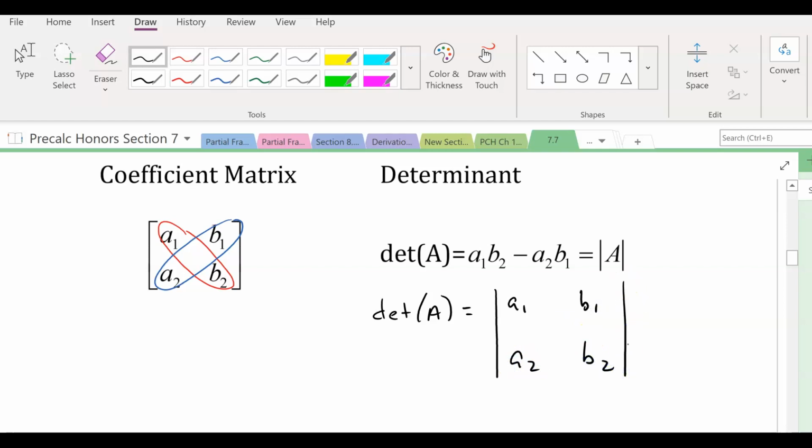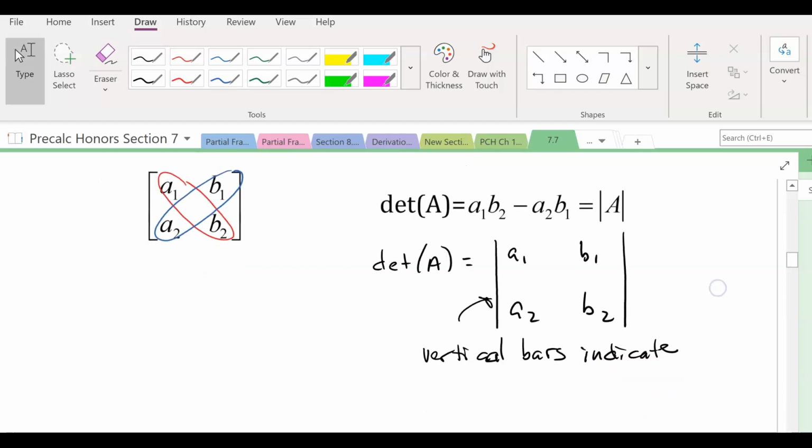And when you see these bars, you know we're talking about the determinant. So vertical bars indicate determinant.